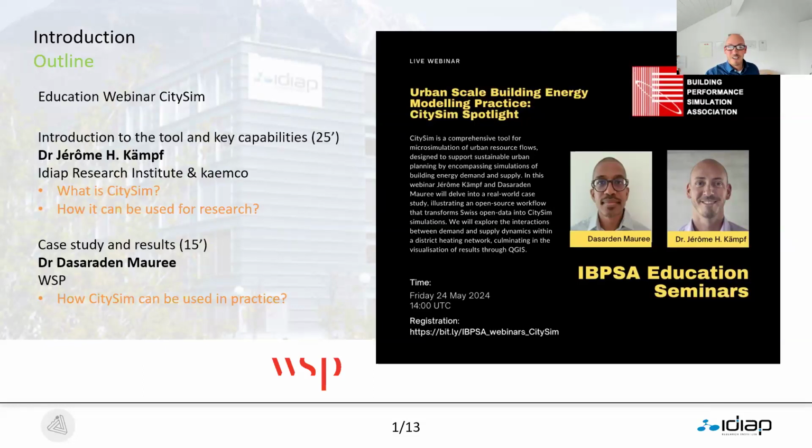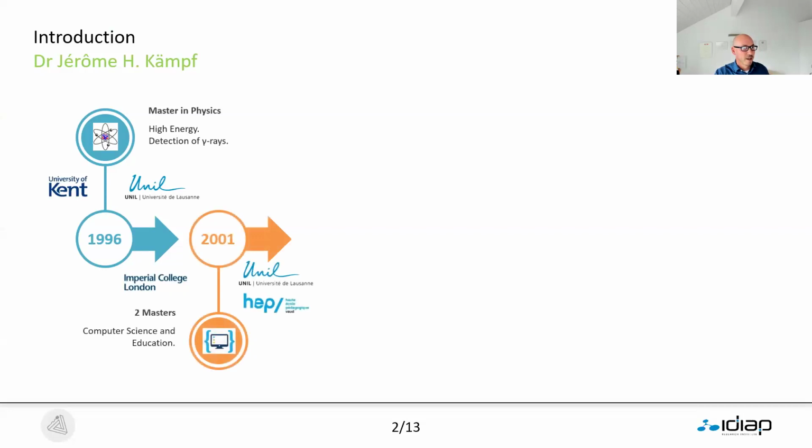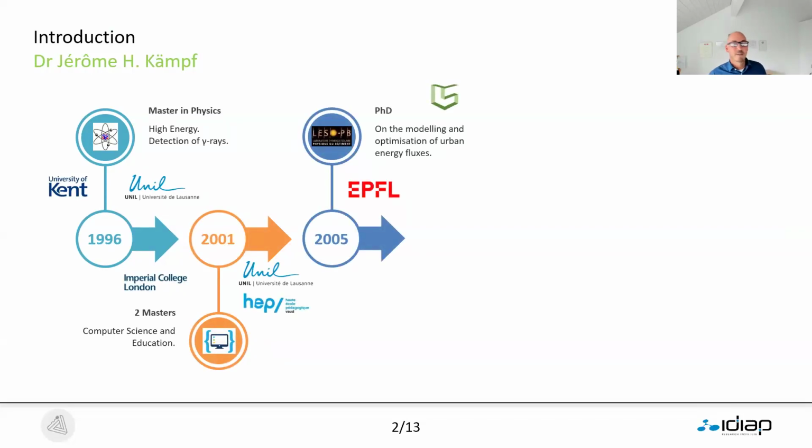So to start the introduction, I will just say a few words about myself. Originally, my background is in physics, but I also have a master in computer science and teacher education before starting a PhD at EPFL in 2005 on the modeling and optimization of urban energy fluxes. And actually, that was when I started the work on CitySim.